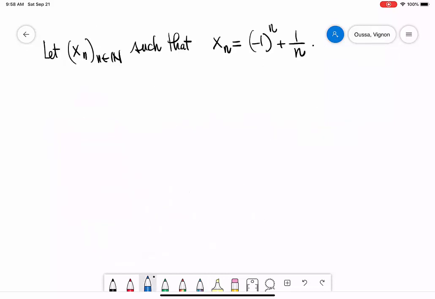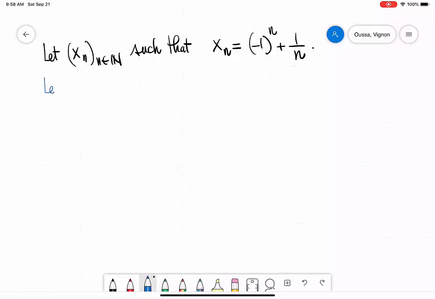Now, let x_n be a sequence of real numbers such that x_n is equal to (-1)^n plus 1 over n for every natural number n. Now, let n_k be, let's say, 2k plus 1.